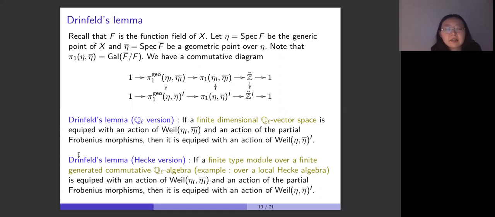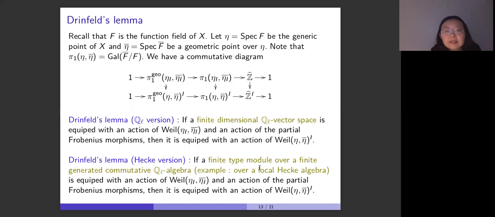And a slightly more general version of Drinfeld's lemma applies not only to finite dimensional QL vector space, but to finite type module over a finitely generated commutative QL algebra. For example, a finite type module over a local Hecke algebra is in this case.